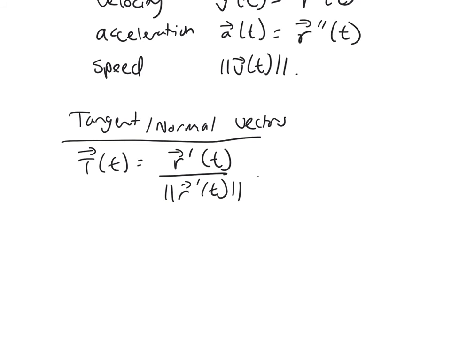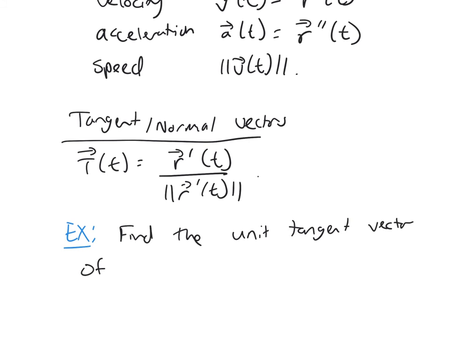That's our unit tangent vector. So let's look at this example. Find the unit tangent vector of r of t, which will be t i plus t squared j, when t equals 1.